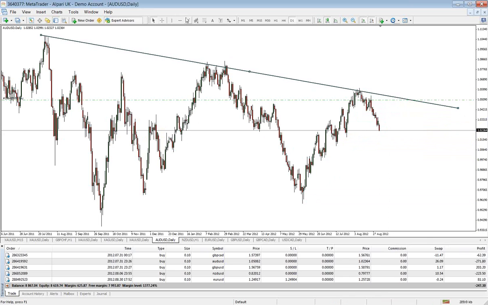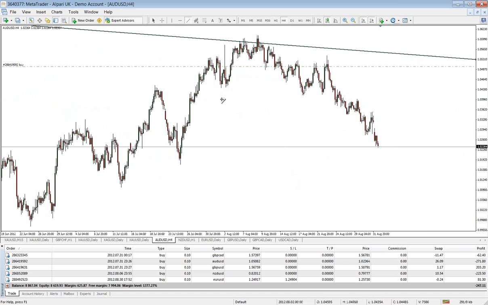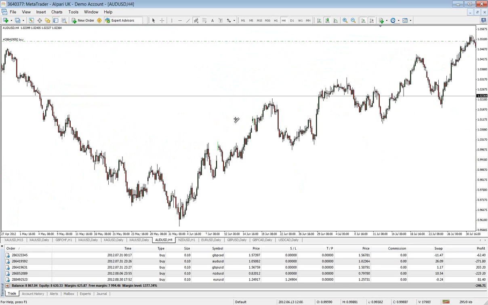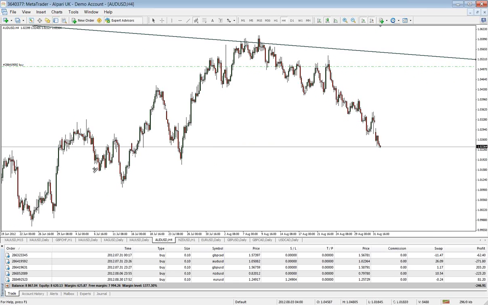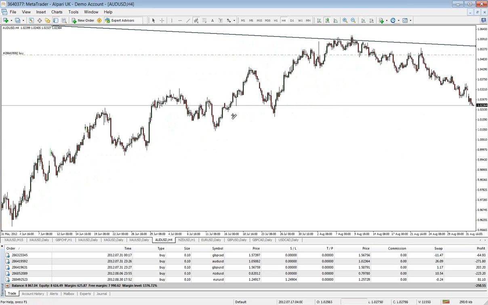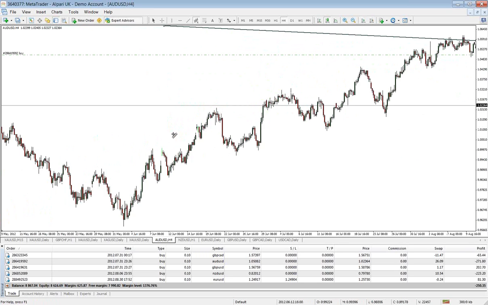But let's do some lower time frame analysis as well. What I like to use is channels. Basically, they do provide a lot of information, and they're pretty easy to use.